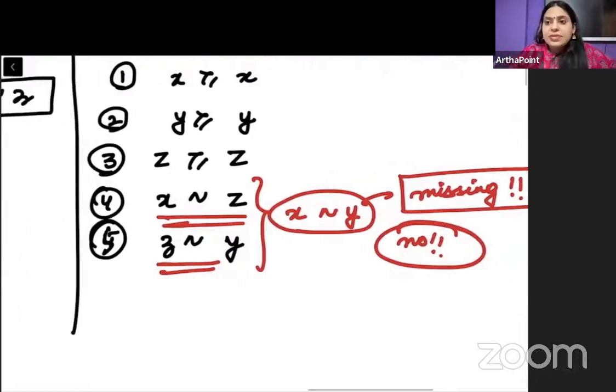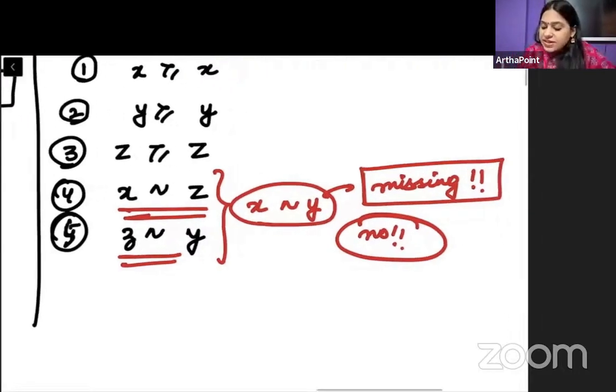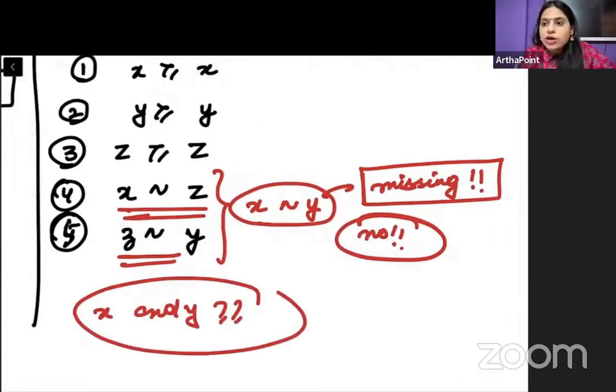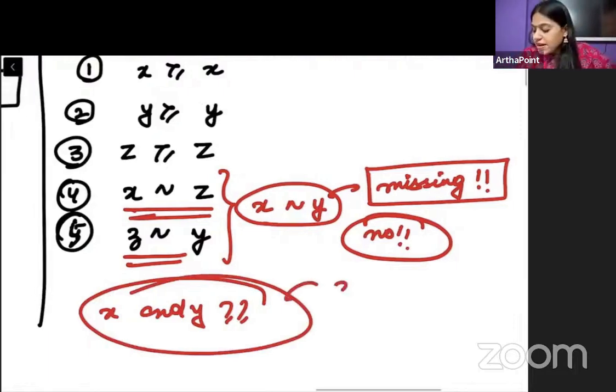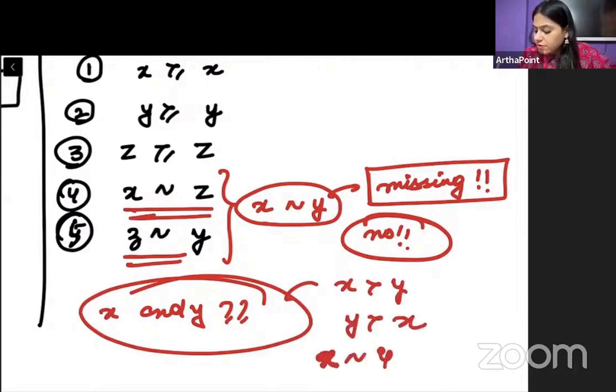At the same time, the relation is complete if I know every possible relation. But does this tell me the relation between X and Y? No, it does not tell me the relation between X and Y. Right? Do I know whether X is preferred over Y or Y is preferred over X, or I am indifferent between X and Y? Do I know the relation between X and Y?